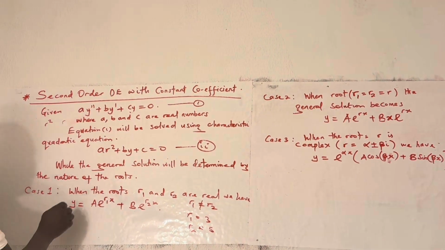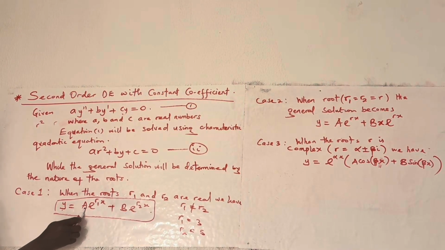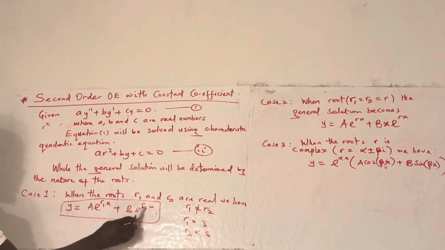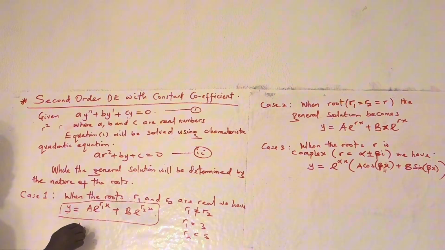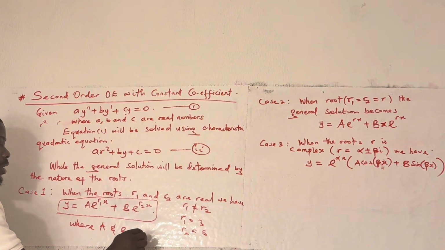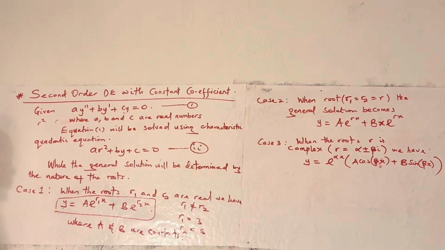So in that case, this will be our general solution, where we have y equal to A exponential raised to power R1s plus B exponential raised to power R2s, where A and B are constants.